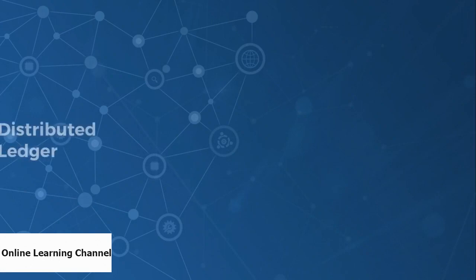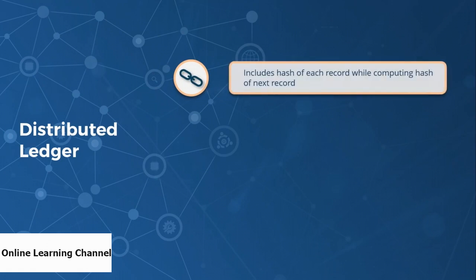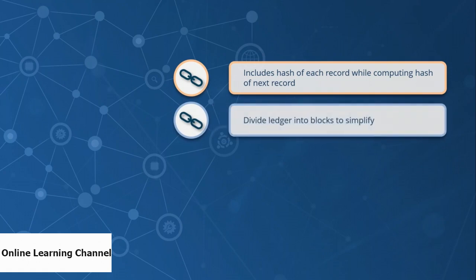and take a look at what exactly a blockchain is and how it is used to represent a distributed ledger in Ethereum. Every block in the Ethereum blockchain includes a hash of the previous block. Each of the blocks includes a number of records which represent the transactions on the Ethereum network. We have seen previously how breaking up a ledger into a number of different blocks makes it easier to store the data.